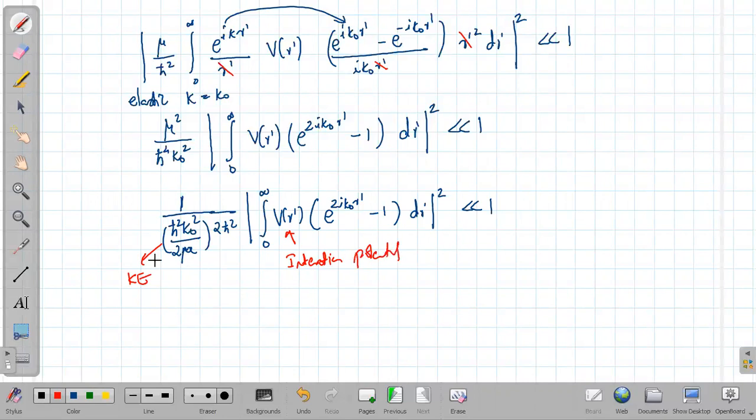Now for the validity of this condition, the kinetic energy of the incident particle must be very large compared to the interaction potential.